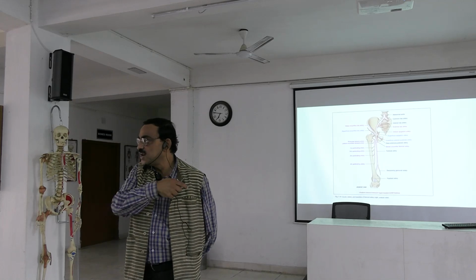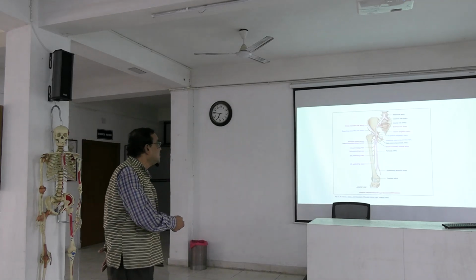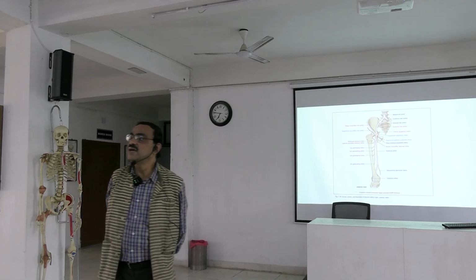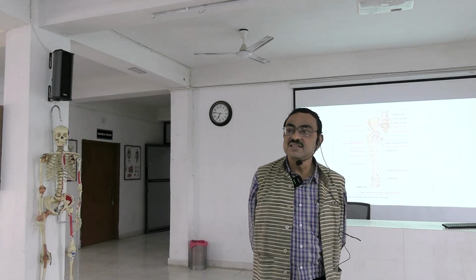But the deep femoral artery, the arteria profunda femoris, also rests over the iliacus, psoas major, pectineus. After that, it passes deep to the adductor longus muscle. So the adductor longus muscle separates the femoral artery and the deep femoral artery.